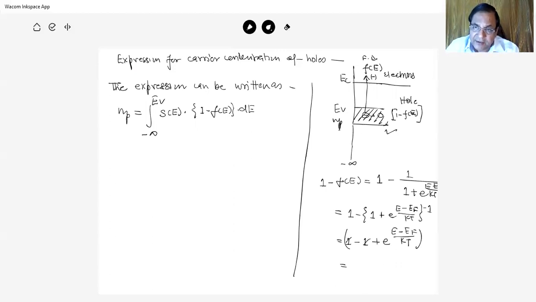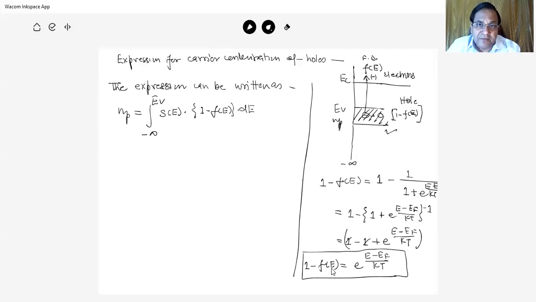We have finally e raised to the power (E minus EF) upon KT, that is 1 minus f of E. So this is the function of the hole.